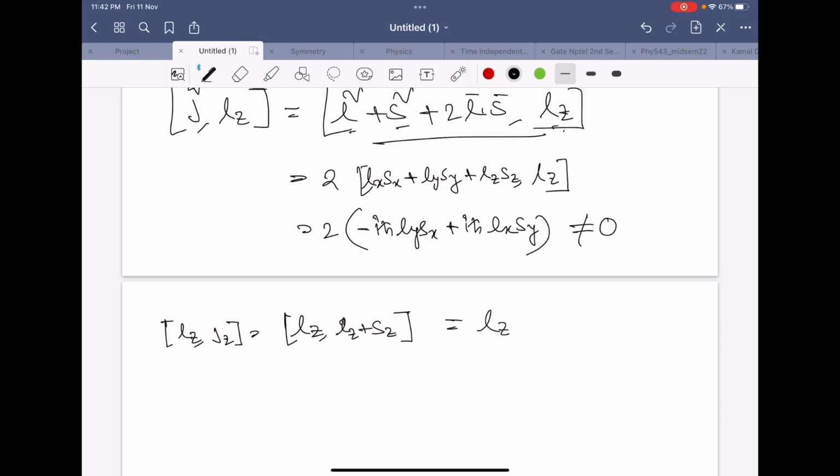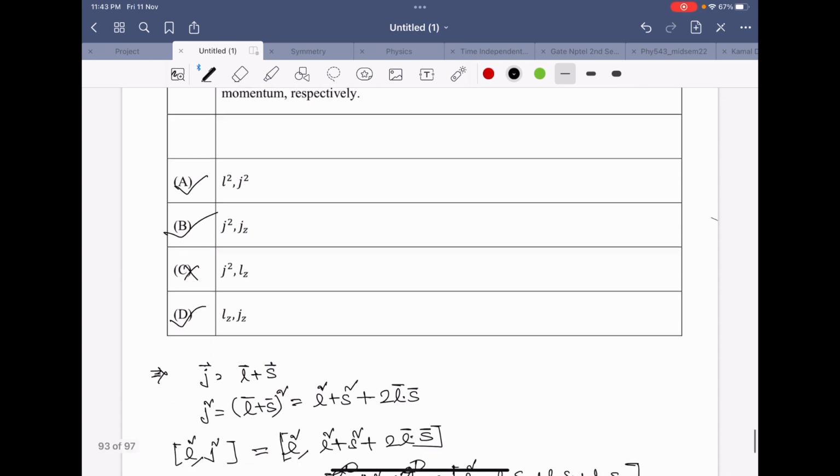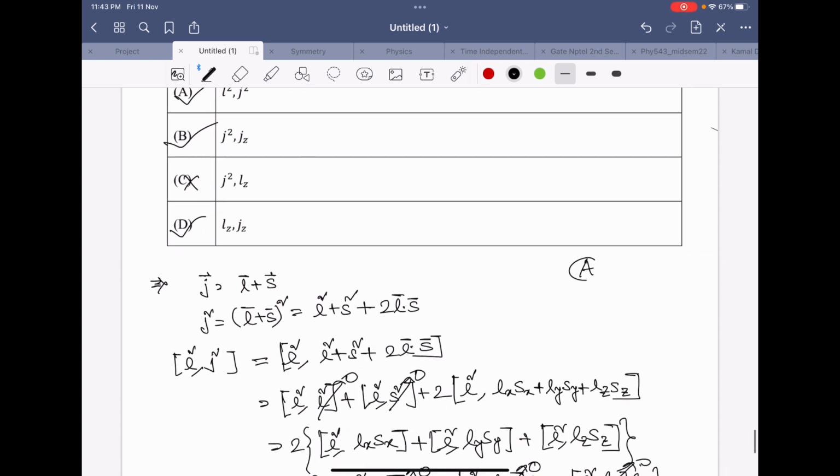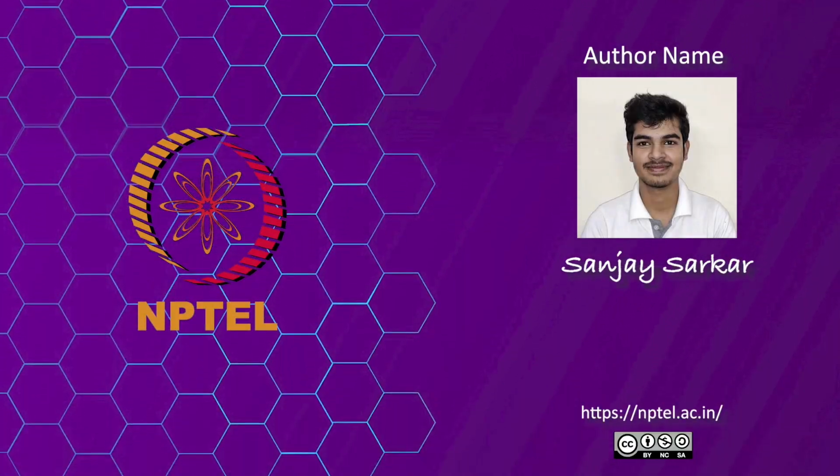So Lz will definitely commute with Lz, and Lz and Sz will also commute because these two are independent of each other. So this is equal to 0, and option D is also correct. So these three pairs commute with each other. The right answer for this question is A, B and D. Thank you.